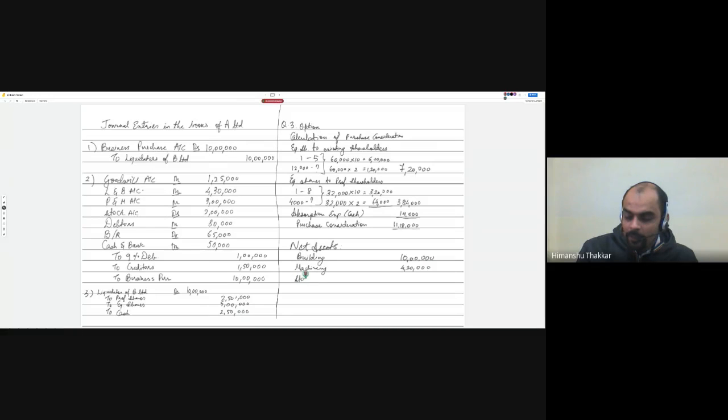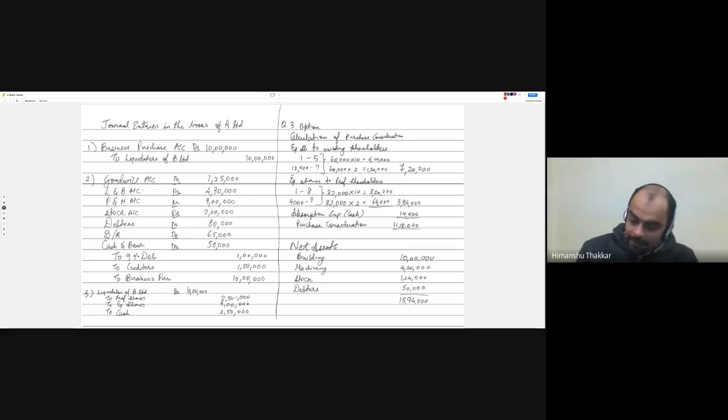Stock at 1 lakh 24,000. Then comes debtors, 50,000. Okay, so that's it for assets. Total of assets will be 15 lakh 94,000. From this you deduct the liabilities.